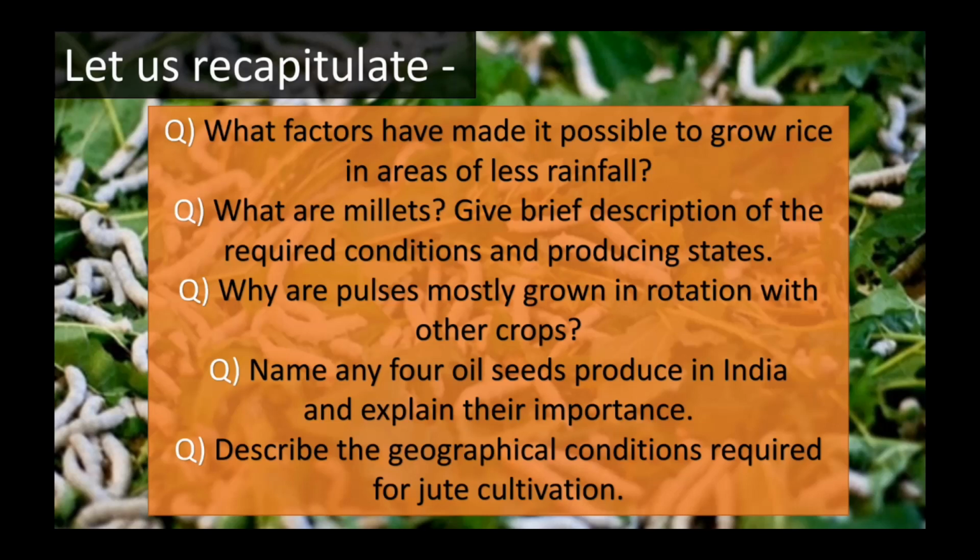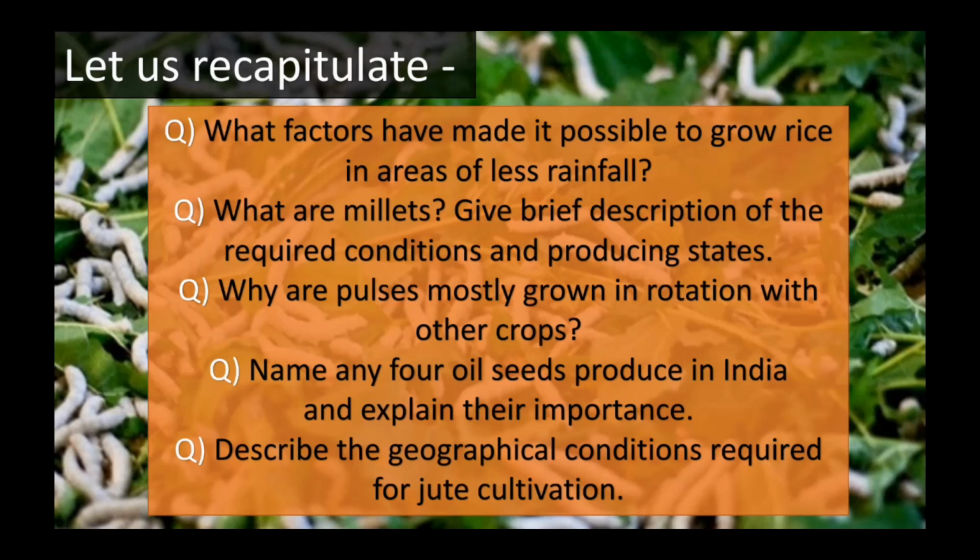Bajra grows well on sandy soil and shallow black soil of Rajasthan, Maharashtra, Gujarat, Haryana and Uttar Pradesh. Ragi also grows well on red, black, sandy, loamy soil.